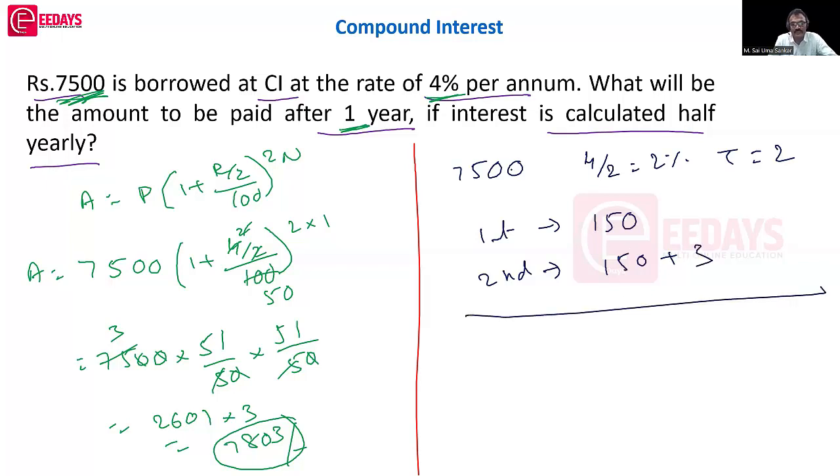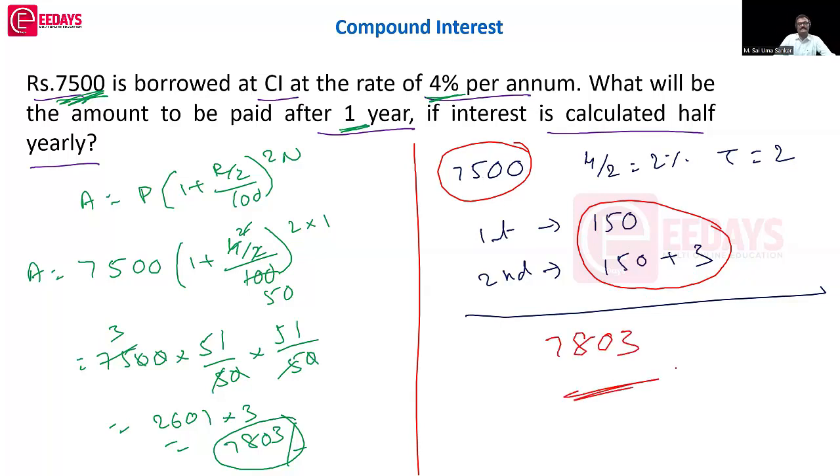Now, what is the total? The total is principal plus total interest. What is the total interest? 303. What is the principal? 7,500. So what is the answer? 7,803, which is the required answer. That's it. Okay? Is it clear?